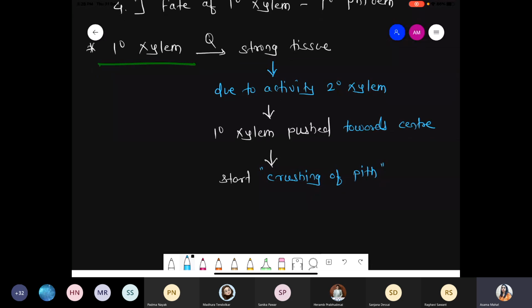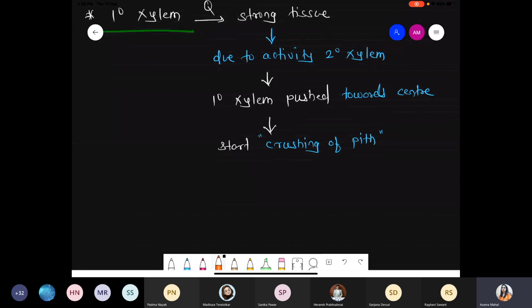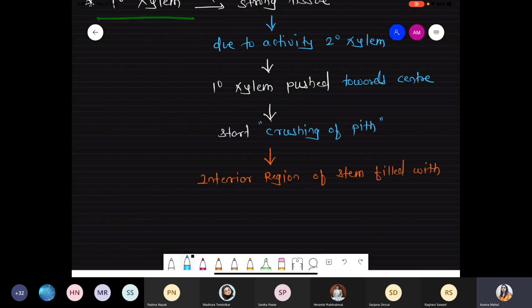And now what happened at the end? Slowly, the interior region of the stem is now filled with secondary xylem.